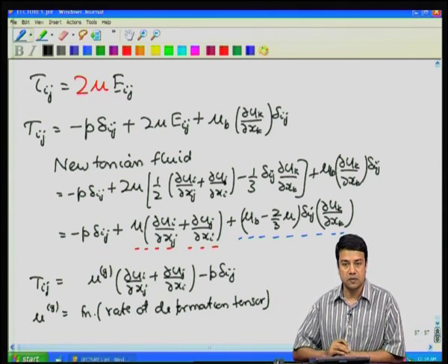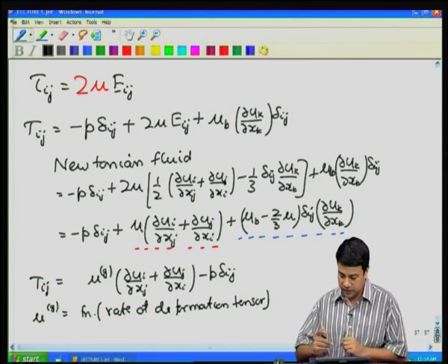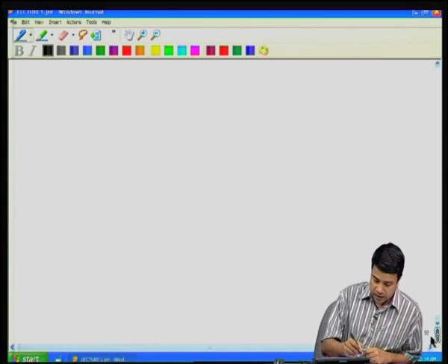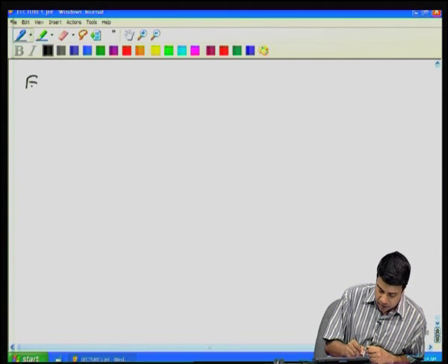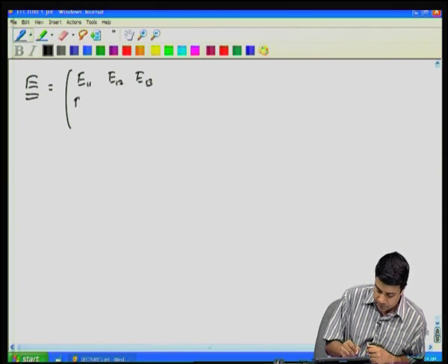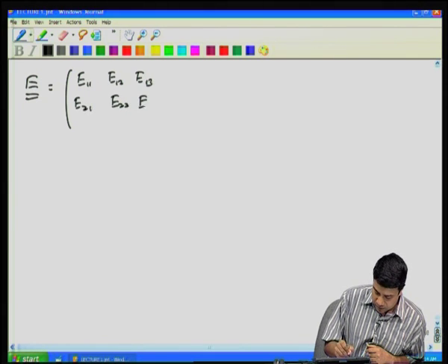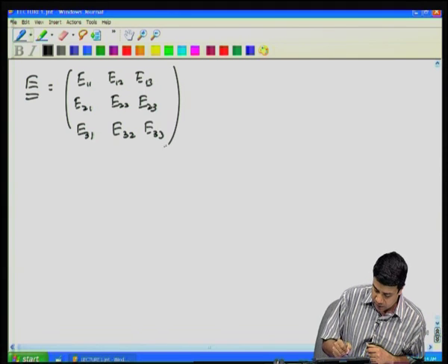So, there are some general measures of this symmetric traceless tensor which do not depend upon the underlying coordinate system. For example, if I had this tensor E, which has E11, E12, E13, E21, E22, E23, and so on.